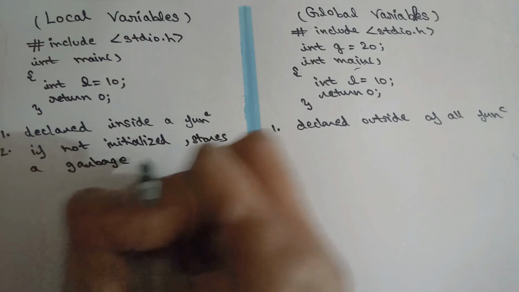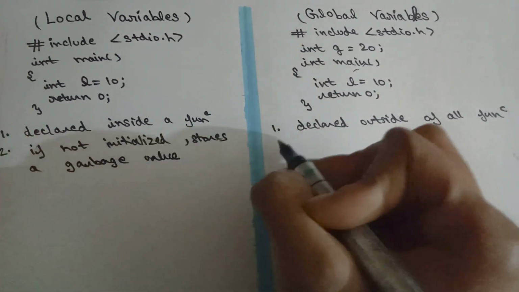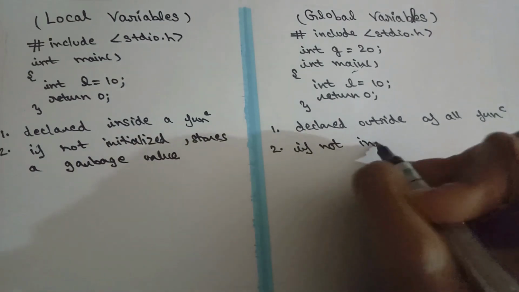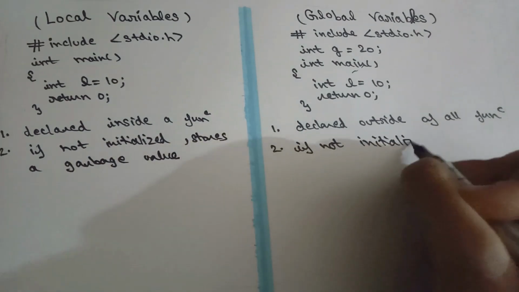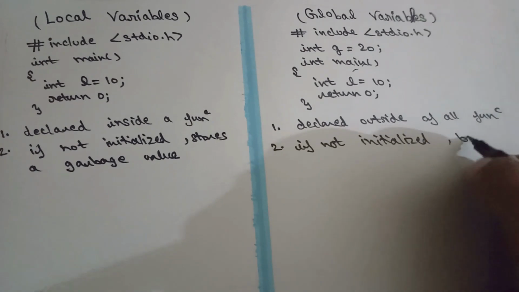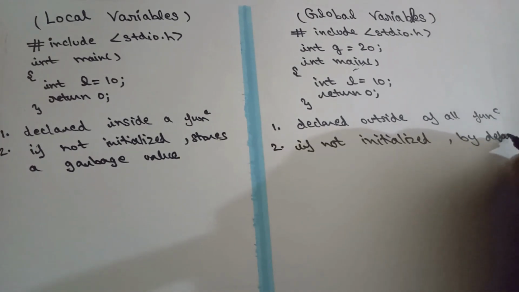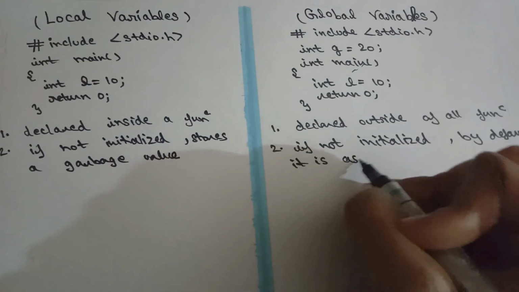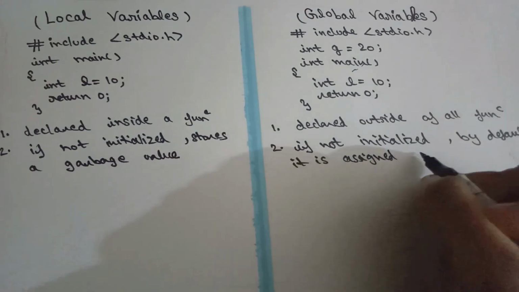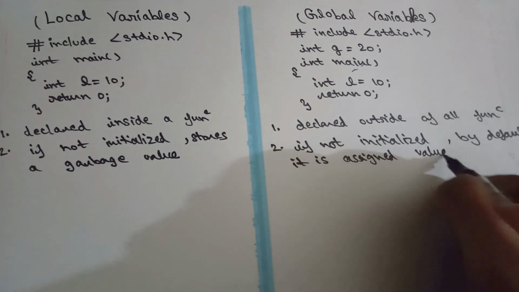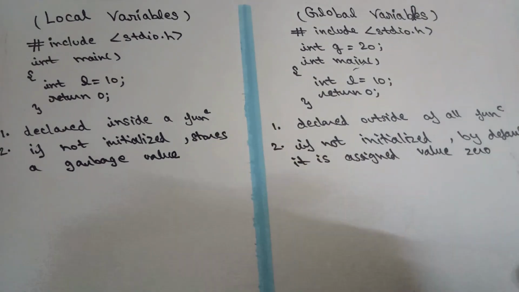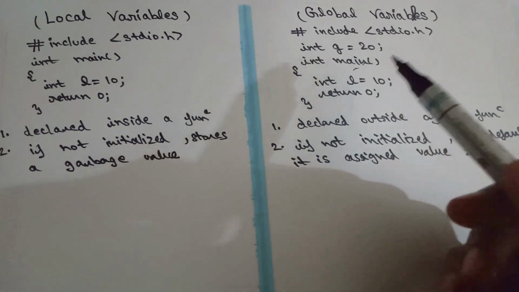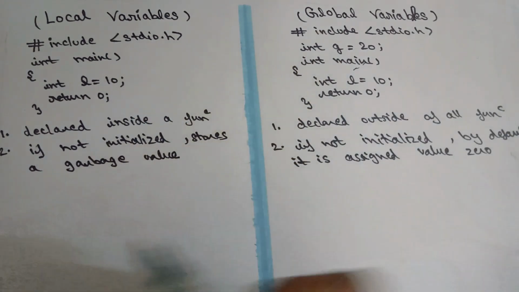Alright, whereas a global variable, if not initialized, by default it is assigned a value 0. Alright, so if this g was not initialized, automatically it would assign a value 0 to it. Alright.